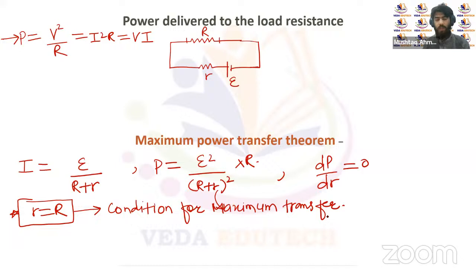For any circuit, if we have to maximize the transfer of power, just equate the internal resistance of the battery to the external load resistor. In that condition, the transfer of power will be maximum.